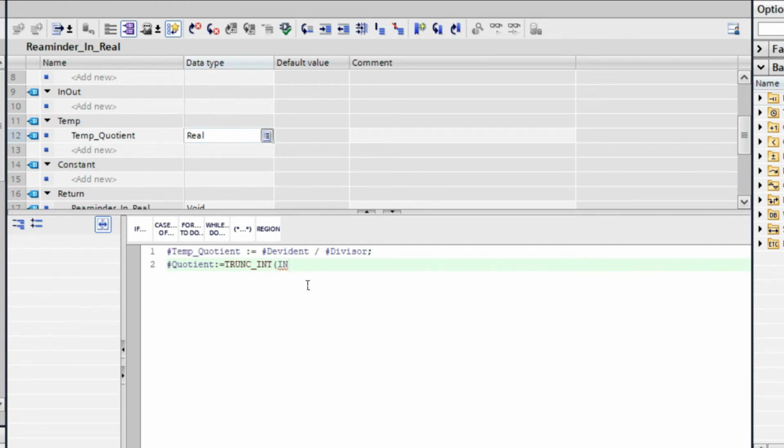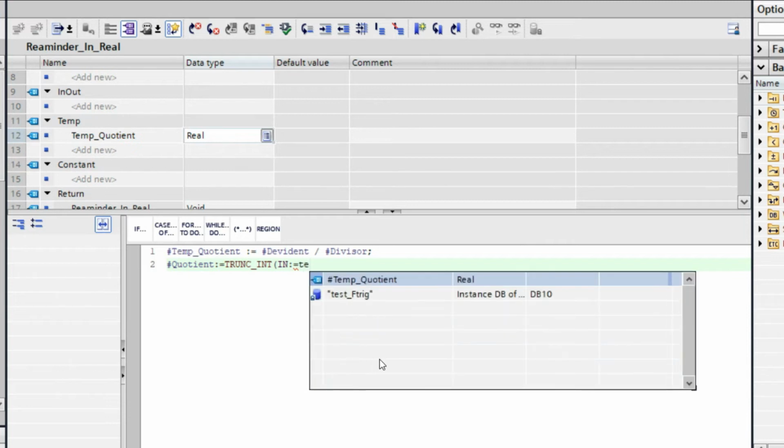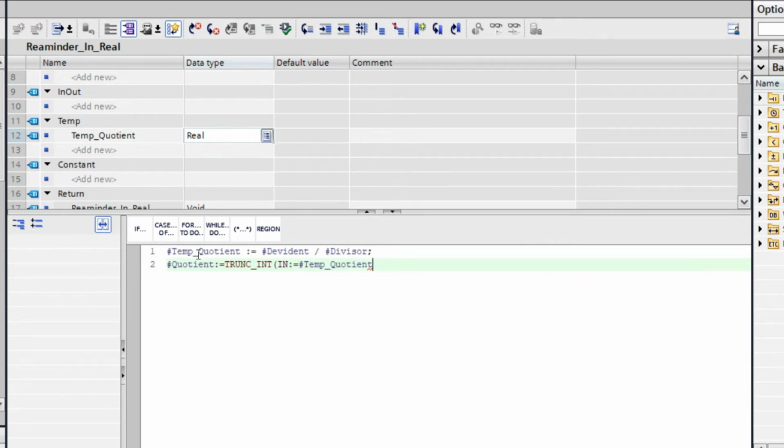Here the input to our trunc function is our temp quotient. Since the temp quotient is in real format, it has a decimal point value. I will suppress that decimal point value by using the trunc function.